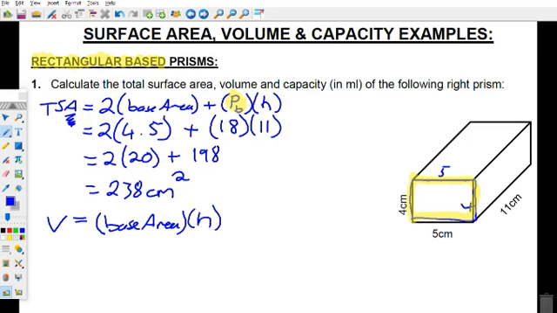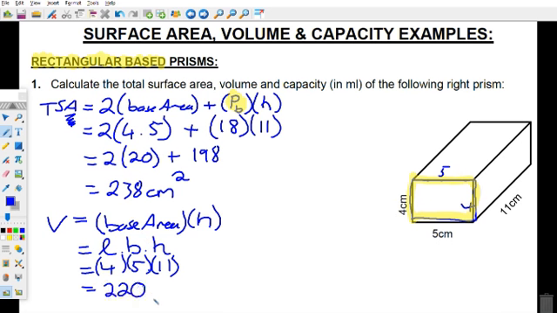It's my perpendicular component that makes it expanded into 3 dimensions. So the base here is a rectangle, so it's length times breadth times my height, which is going to be 4 times 5 times 11. Okay, agreed? So 20 times 11, thank you very much. So we're going to have 220.